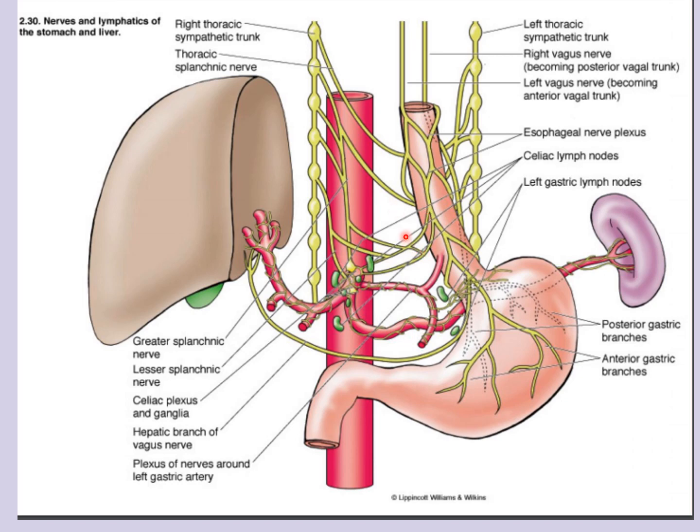So the greater, lesser and least splanchnic nerves pass through the diaphragm and enter the abdomen, right? The greater splanchnic nerve mainly ends in the celiac ganglion. Then the lesser splanchnic nerve ends in the aortico-renal ganglion. Then the lowest splanchnic nerve ends in the renal plexus.